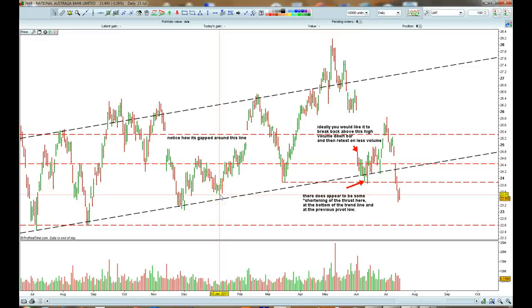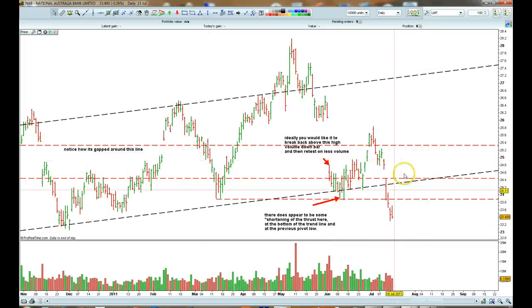We've got that pivot there, it's broken down through. I think this last low here, where it's supported at before, is broken down. It's broken through this pivot here. You've got one right there just below it. So at the moment it's just breaking support level after support level.